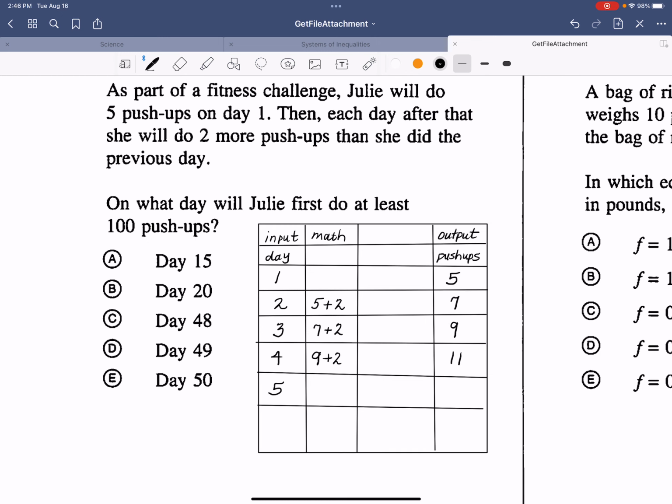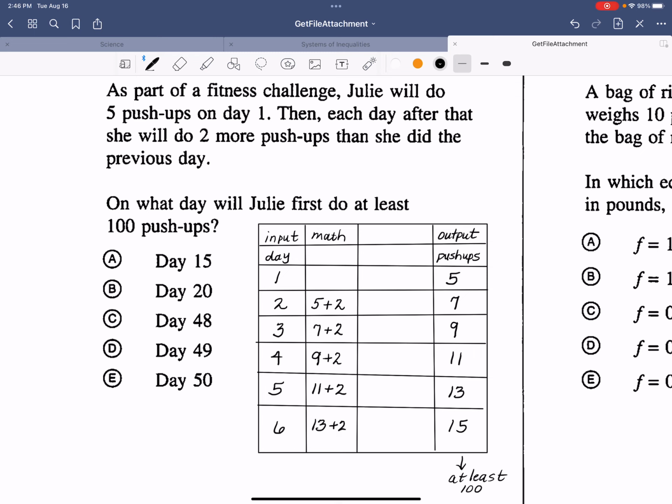On day 5, she did the 11 from yesterday plus 2 more would be 13. And on day 6, she did the 13 from yesterday plus 2 more, which would be 15. And we need to let that go all the way until this gets to at least 100.